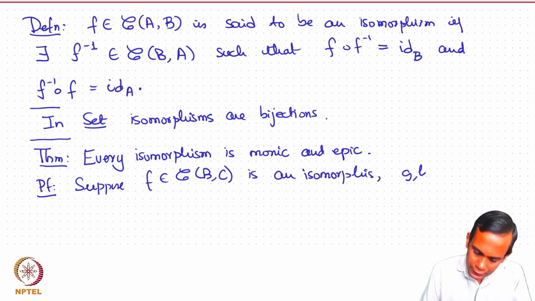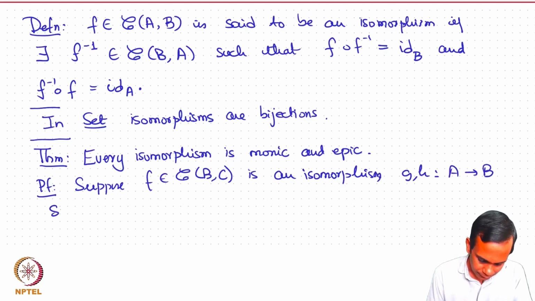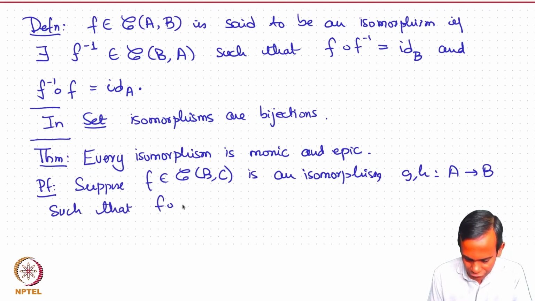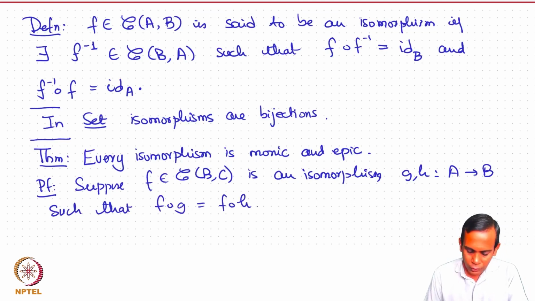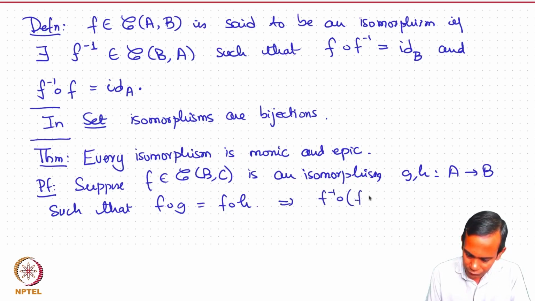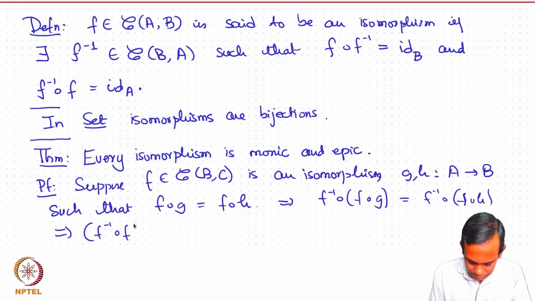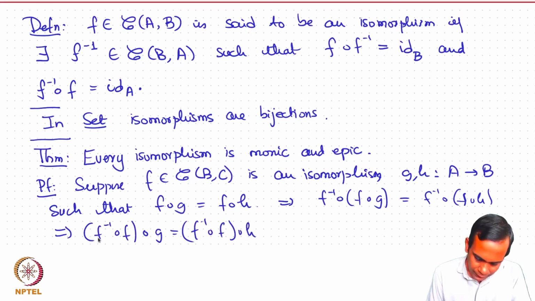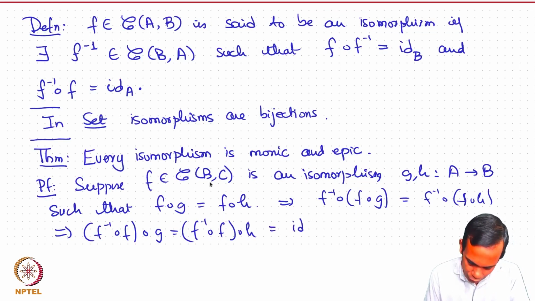And we have G and H from A to B such that f circle G is equal to f circle H. So what I can do is now I can pre-compose this. f inverse circle f circle G is equal to f inverse circle f circle H. But by associativity, and by definition of f inverse, this is the identity of B.